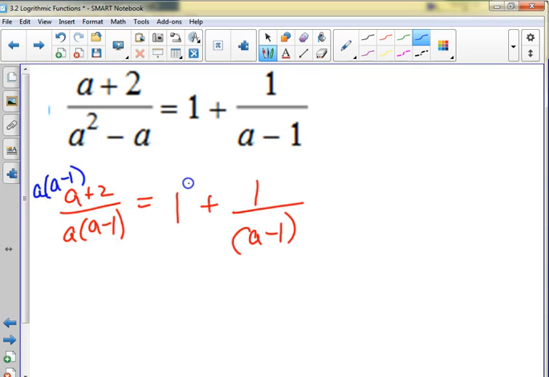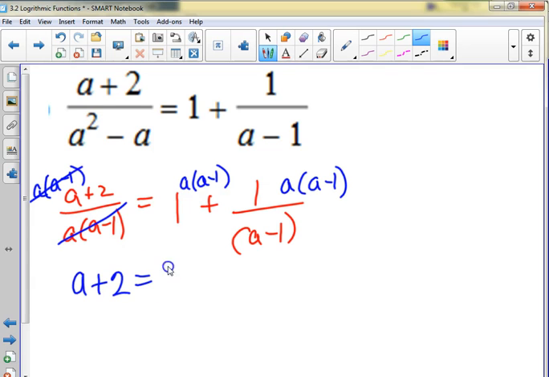And remember, you're doing that times everything. Okay, so all of this will divide all of this out. So left on the left is a plus 2. This term becomes a times a minus 1. This term, 1a.